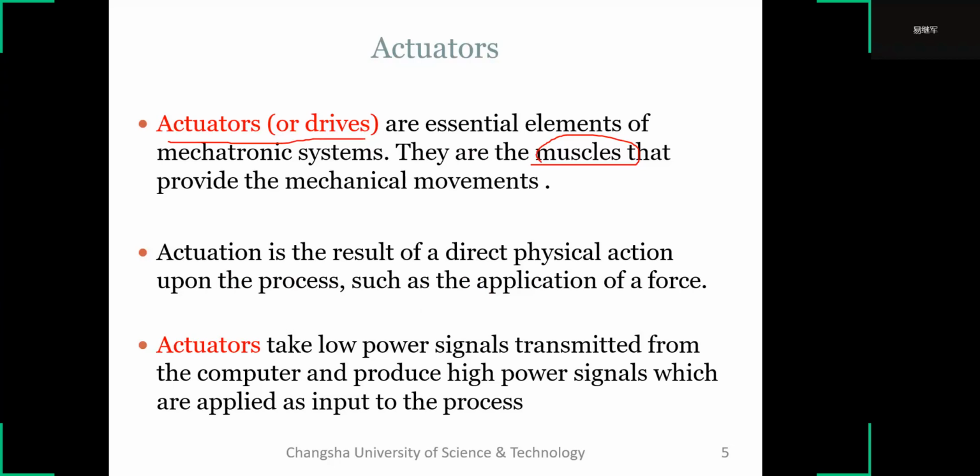Actuators take a low power signal transmitted from the computer and produce a high power signal which is applied as input to the process.